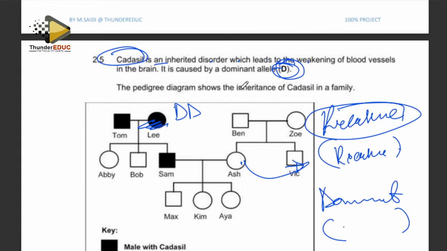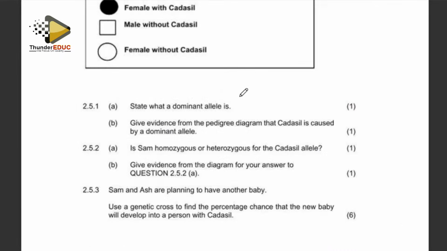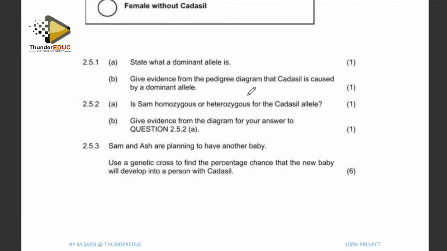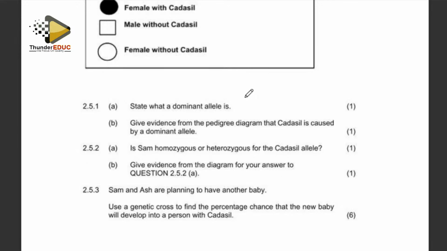All right, now let's start and answer the question. What is meant by a dominant allele? A dominant allele is an allele which expresses itself in a heterozygous state. For example, I have capital R, small r, I have capital R, I have small r, small r. Capital R is completely dominant over small r.